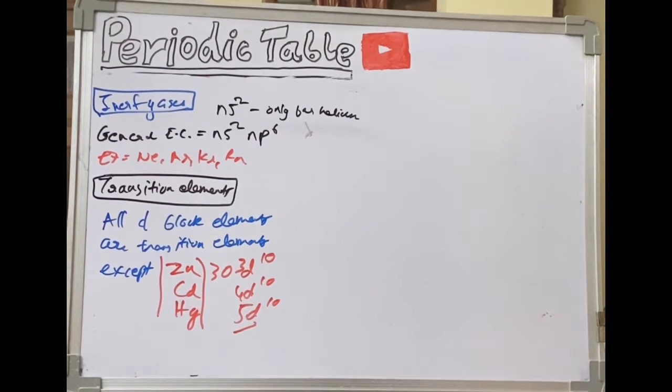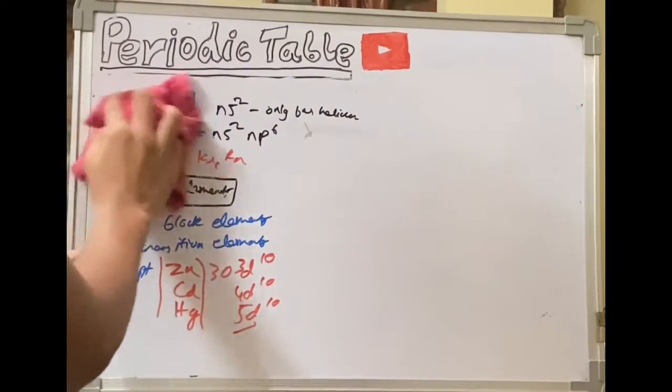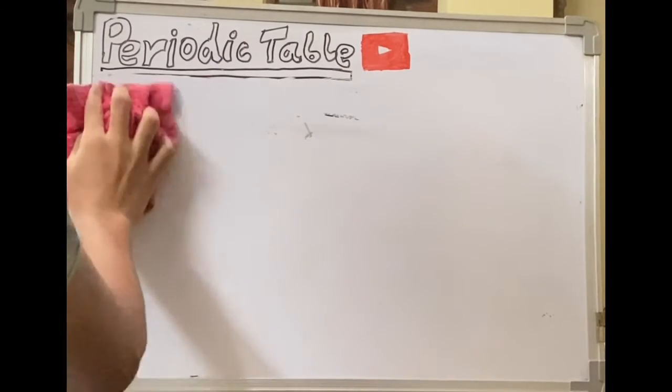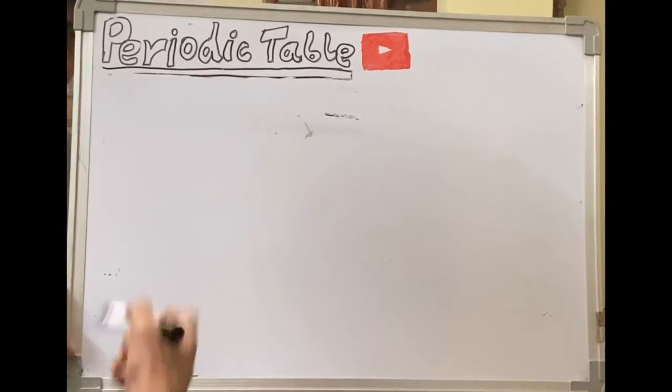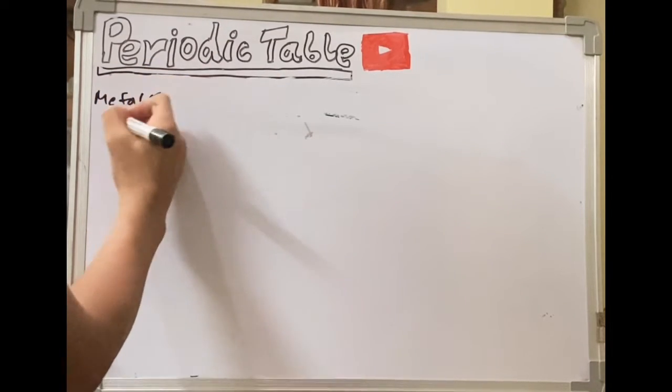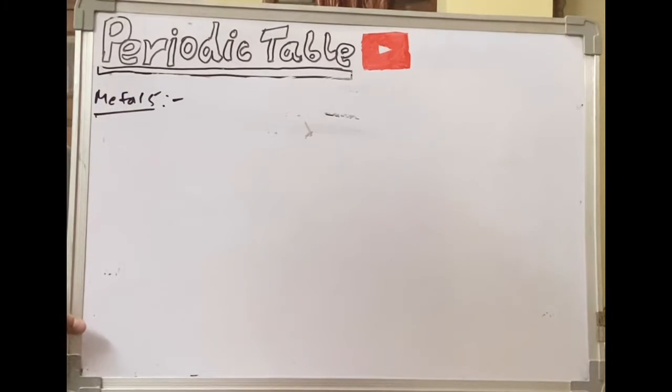Now we come to the most common ones: metals, non-metals and metalloids. Now the most reactive metals come in the first group and the second group, which are also the s block elements.